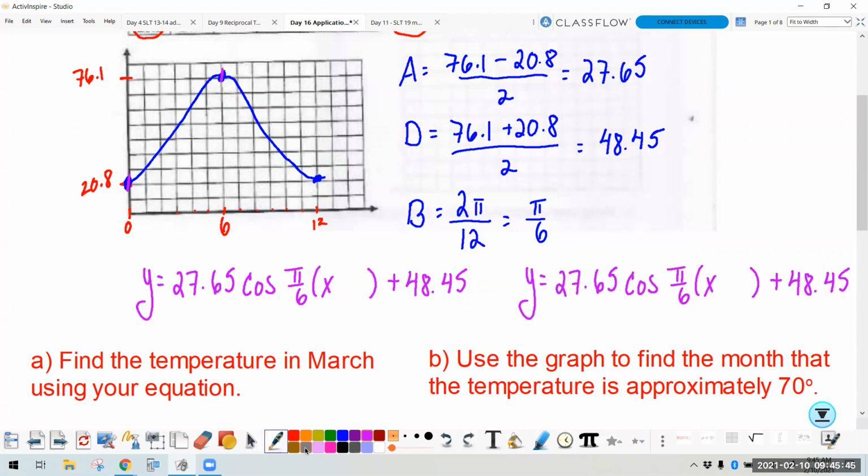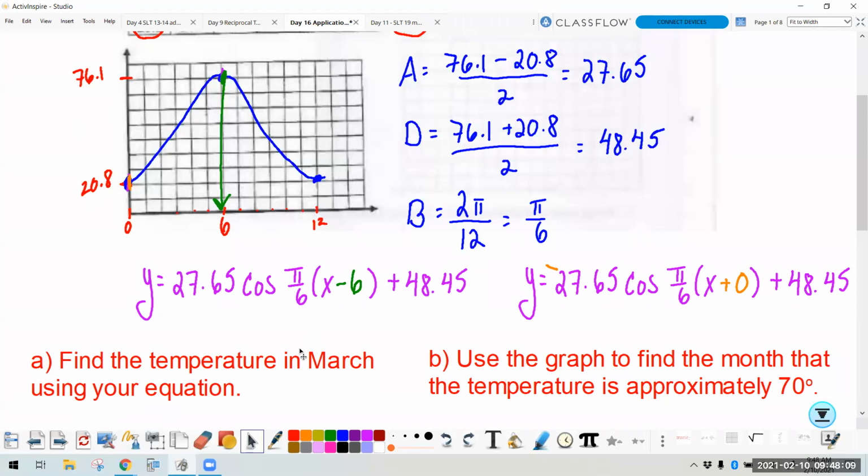And so the difference is, if I'm going to pick a positive cosine graph, my horizontal translation is to the right 6. If I want to pick a negative cosine graph, I have a reflection translated nowhere.